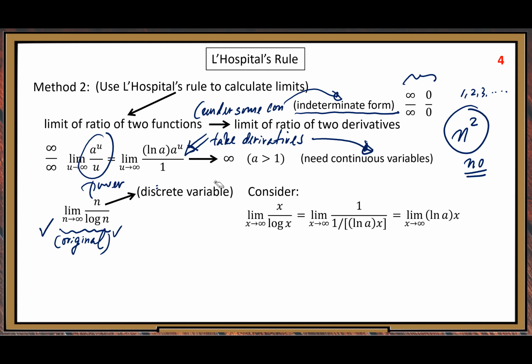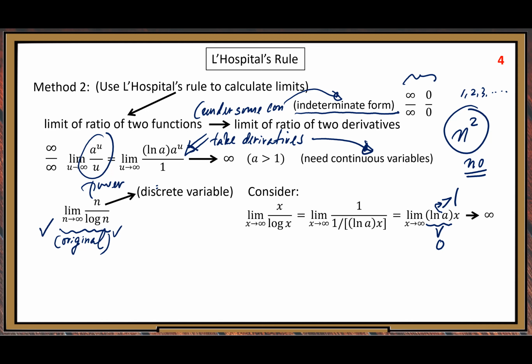After simplification, we have this expression, and then when x goes to infinity, remember a is greater than 1. If a is greater than 1, the natural log of a is greater than 0, so it's a positive number. A positive number times x, with x going to infinity, so the answer is infinity.